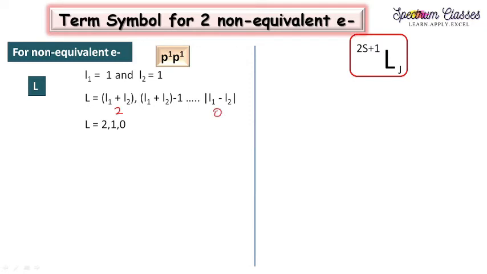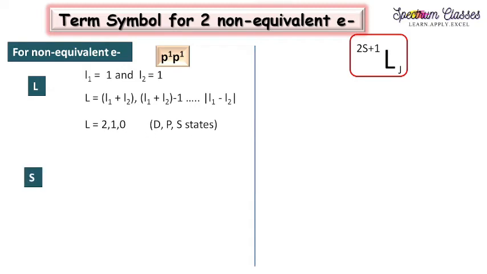And the rest of the values are differing by 1. So 2 minus 1 will be 1. 1 minus 1 will be 0. Only three values are possible here. According to this total orbital angular momentum, we now assign the states. So for this 2, we are having D state. For this 1, we are having P state. And for 0, we are having S state. So we are having three different types of states.